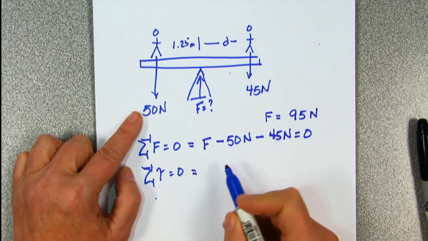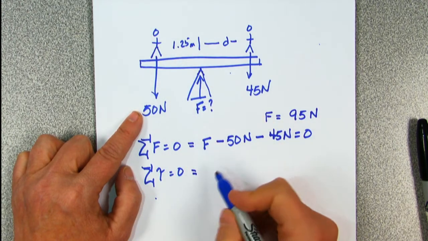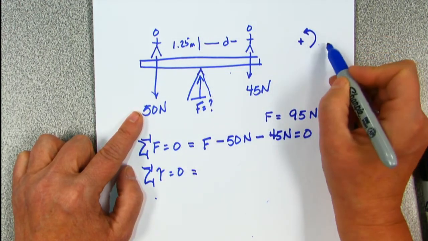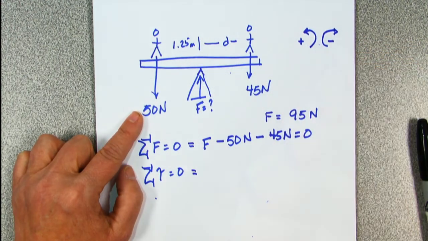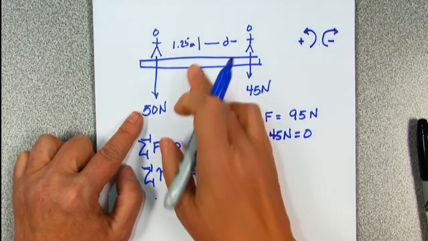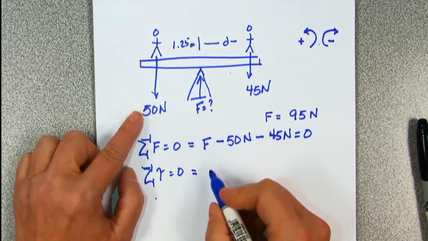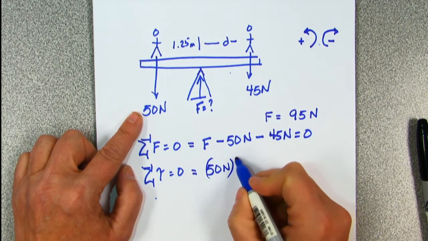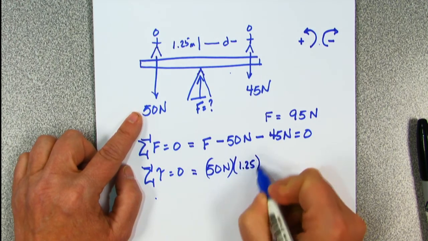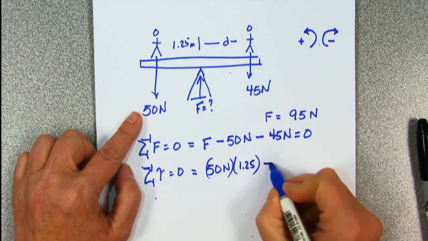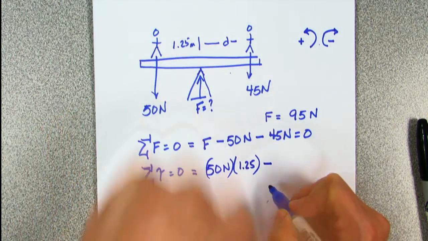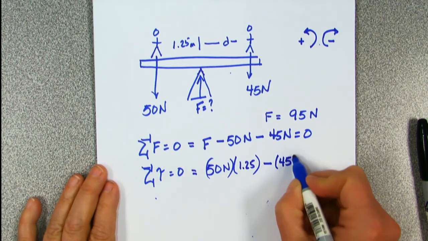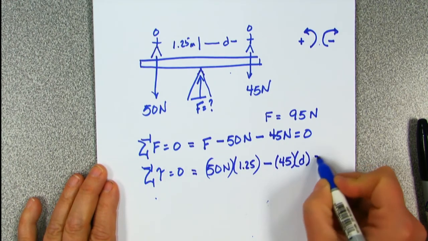Sum of the torques, if I go this way, remember this direction is positive, this direction is negative. So if I'm going around this direction, that's positive, that's going to be 50 newtons times its lever arm, which is 1.25. This side's going the wrong way, so it's going to be negative, and I got my 45 times the distance has got to equal 0.